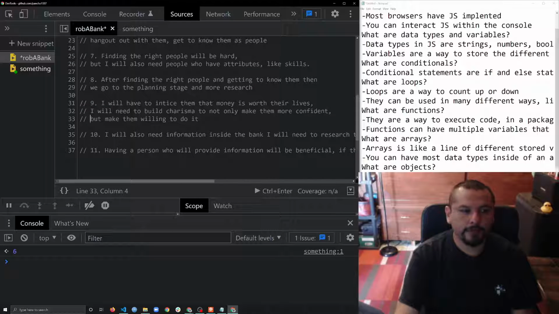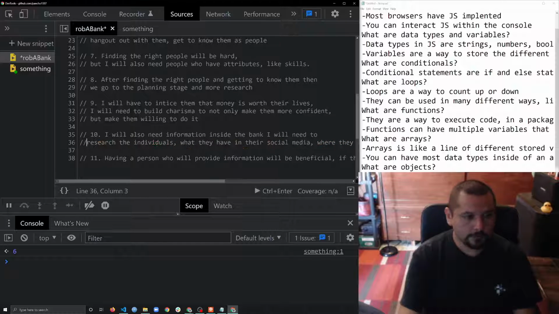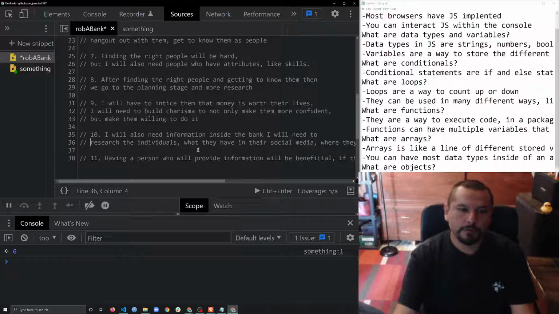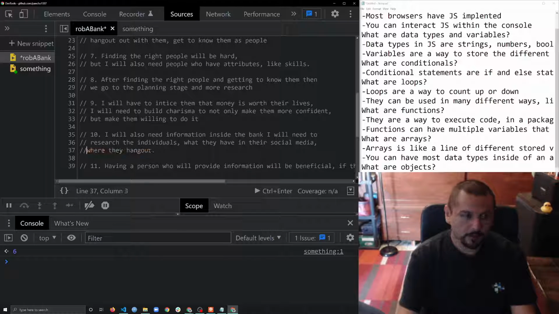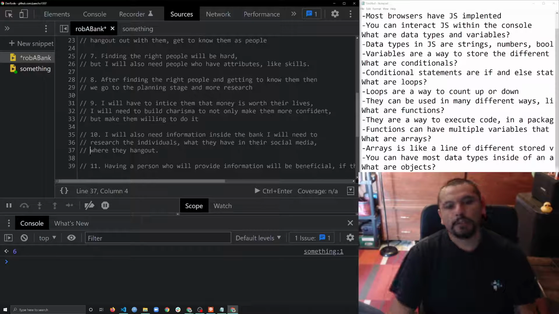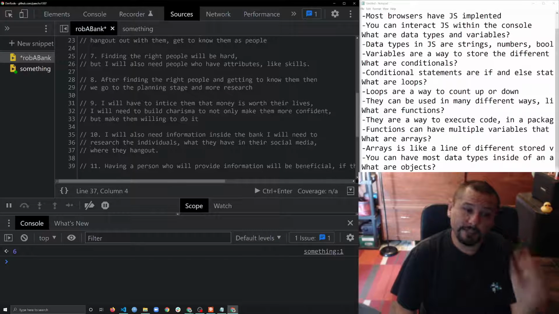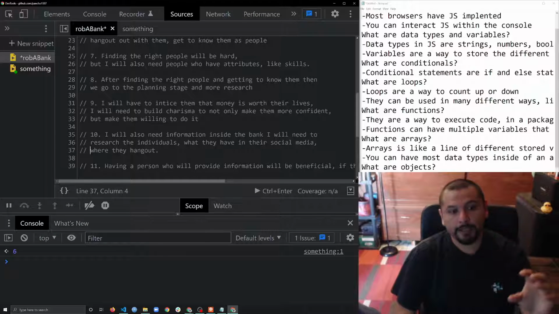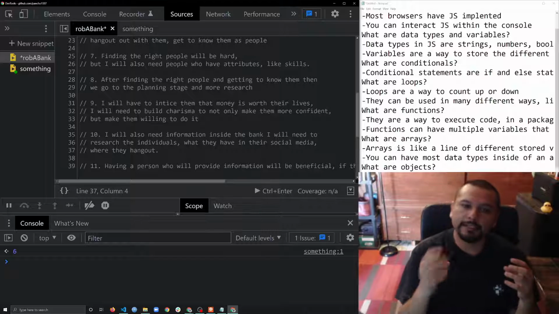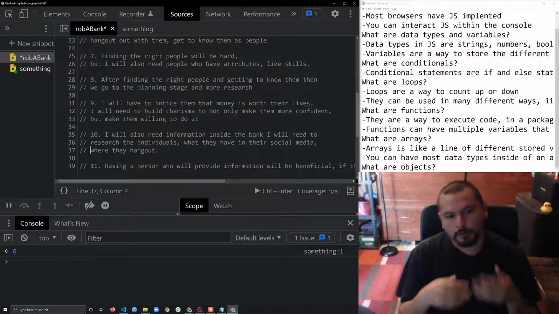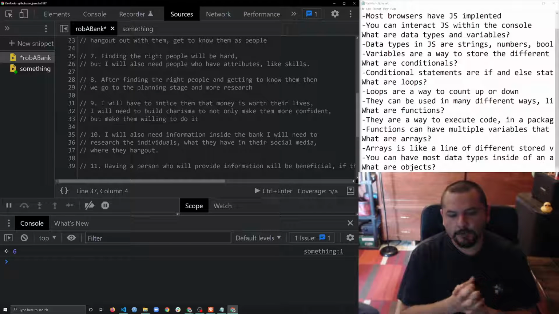Line 35. I will also need information inside the bank. I will need to research the individuals, what they have in their social media, where they hang out. So he will do a little bit more reconnaissance on that specific bank, the staff members inside of it, and get as many details as possible in order to be able to see that flow.